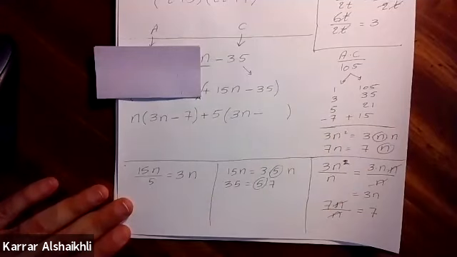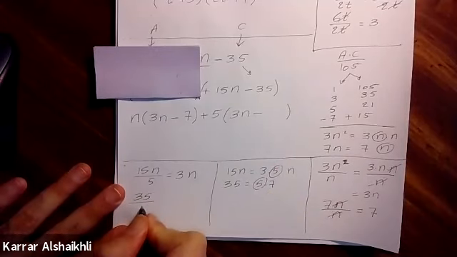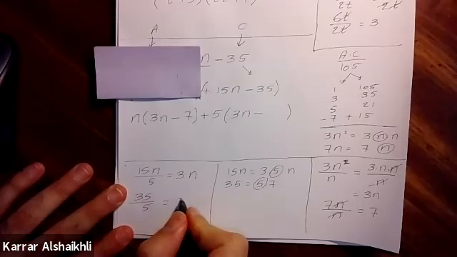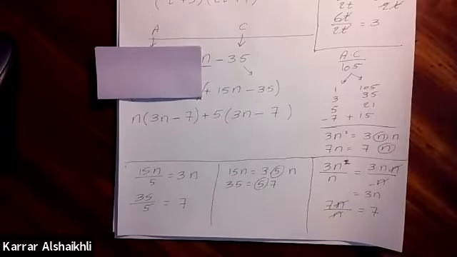So it's going to be 3n. Here's the minus. 35 divided by 5. 5? No. Oh, 7. Yes, be careful. Sometimes you know, but you're going to make small mistakes. So it's going to be 7. You have to take your time.